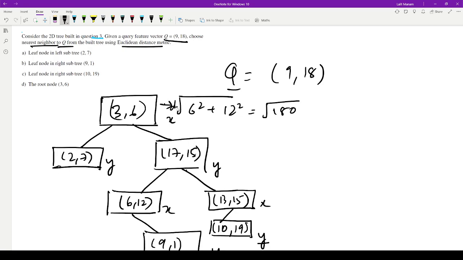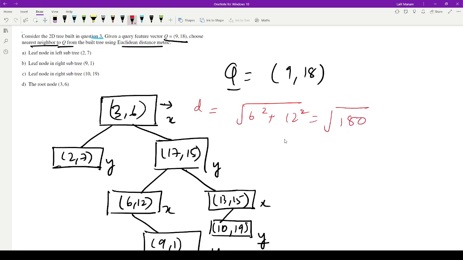Distance for this node is, maybe I'll just change pen. So this is 6 square plus 12 square, which is square root of 180.